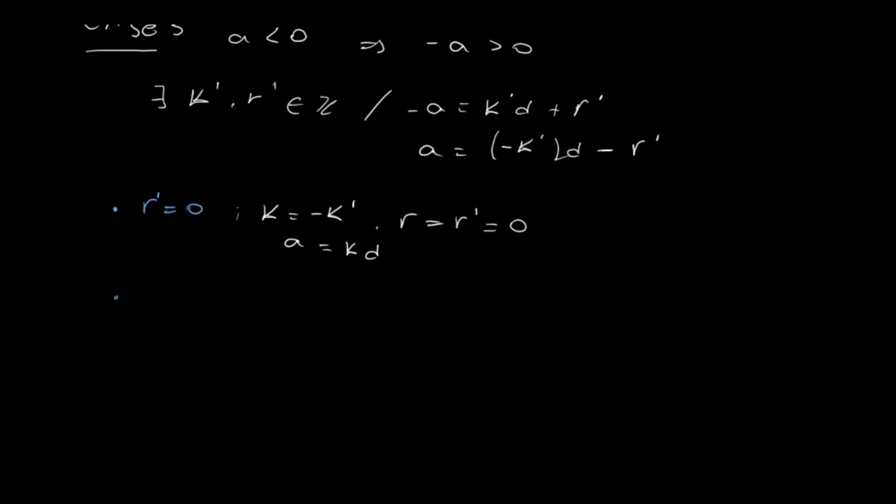The second case will be when r prime is not 0. In this case, we will do what we did in the second example by adding and subtracting the absolute value of d.